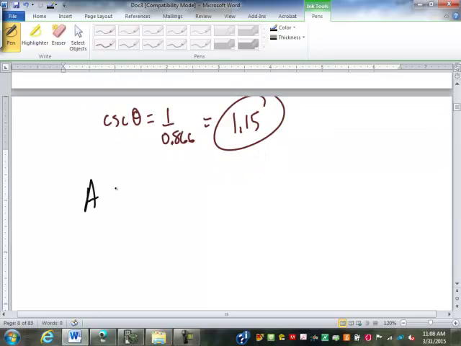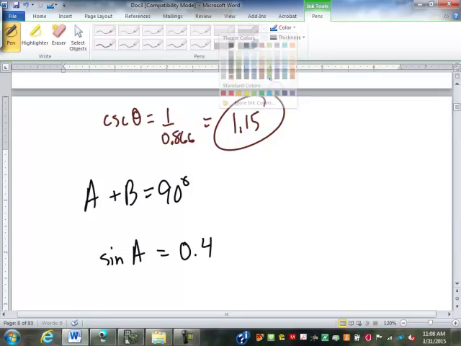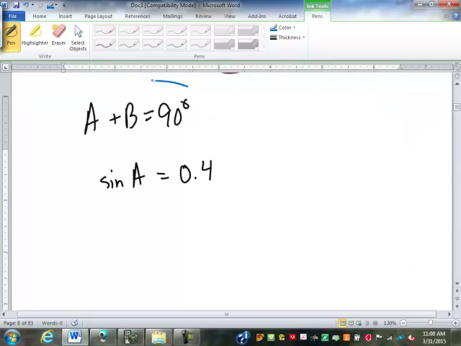So what if I tell you that angle A plus angle B equals 90 degrees, and tell you that the sine of angle A equals 0.4. First question I'm going to ask. We're going to keep this information right here.